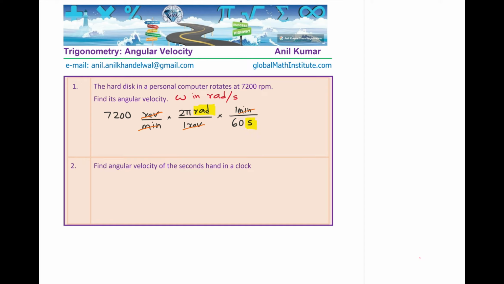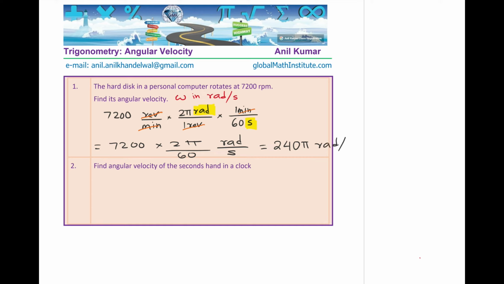And as far as the numbers are concerned, what do we get? We get 7,200 times 2 pi divided by 60 radians per second. You see that? So simple as that. That is what we could do. So using your calculator, 7,200 divided by 60 times 2 times pi gives us the answer, which the exact value could be 240 pi, correct?